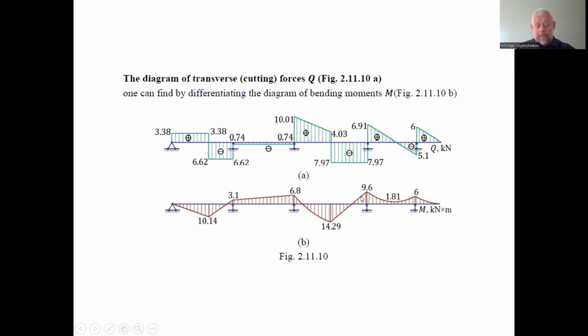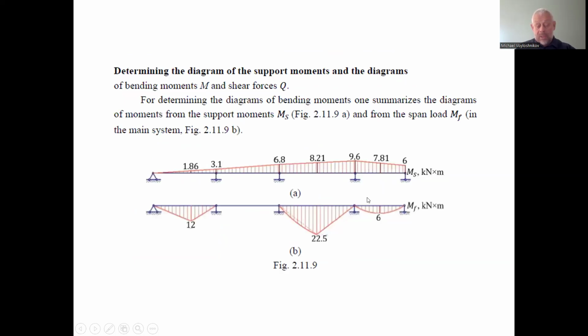Here we have 9.6, and here we consider together two magnitudes of 7.81 of the imaginary support moments of the fictitious diagram of bending moments, we have 7.81, and for the single span we have 6, and we put it together.